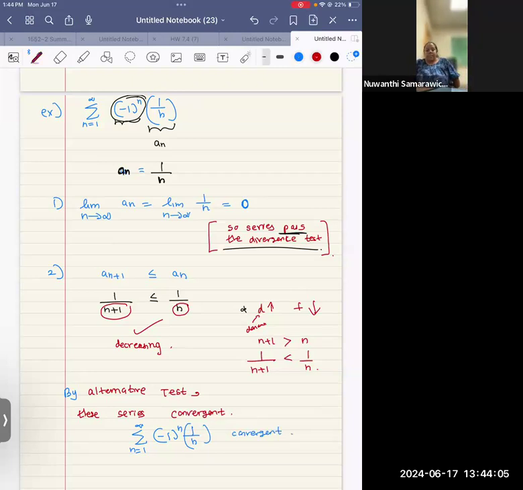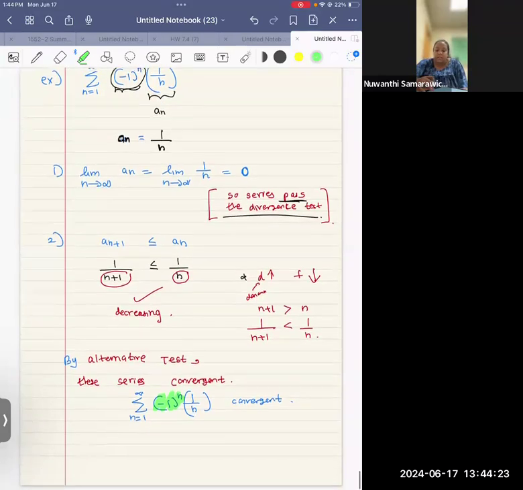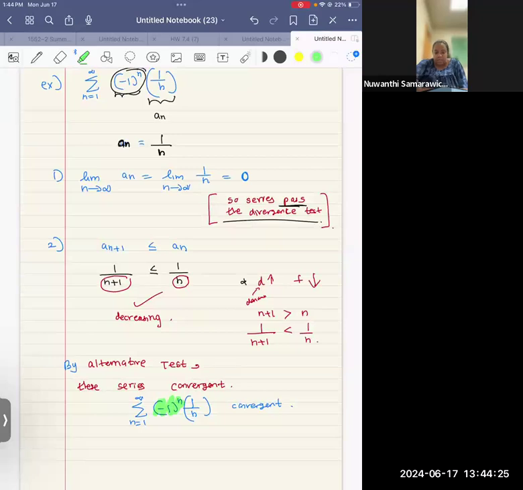Here you notice, without this sign part, this is a harmonic series. The harmonic series is divergent. But here we have negative 1 to the power n, which means it is an alternating series. So this is convergent by using the alternating series test.